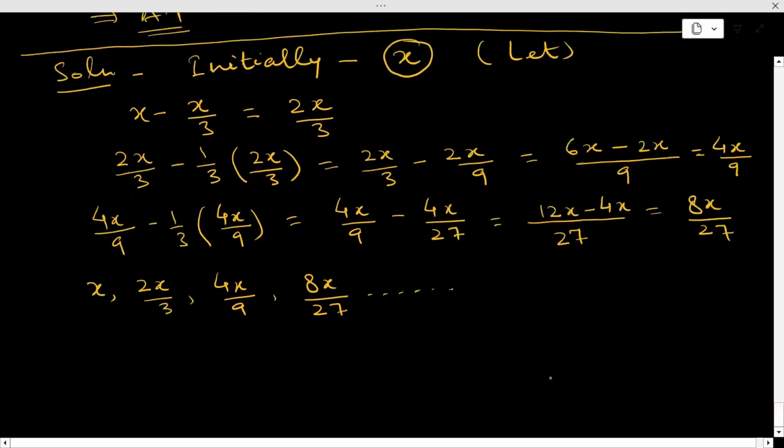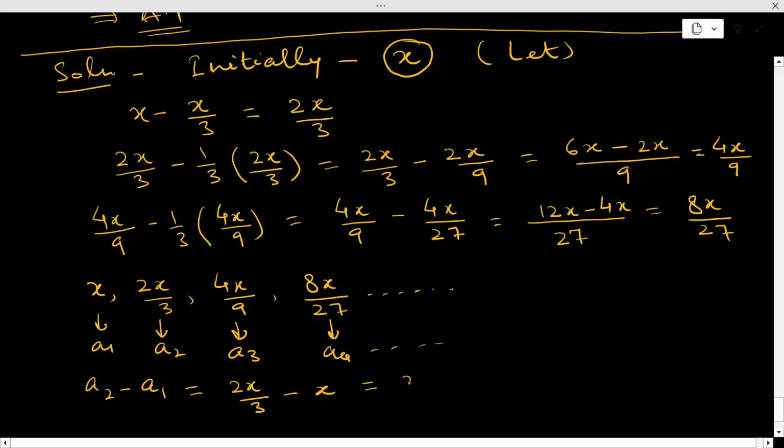So now if we have to check whether it is an AP or not, we have to do the same thing. Let us mark this as our A1, this is A2, this is A3, and the last one as A4, and so on. If we subtract A1 from A2, that will be 2X by 3 minus X, which is 2X minus 3X upon 3, taking 3 as the LCM, so it is minus X by 3.